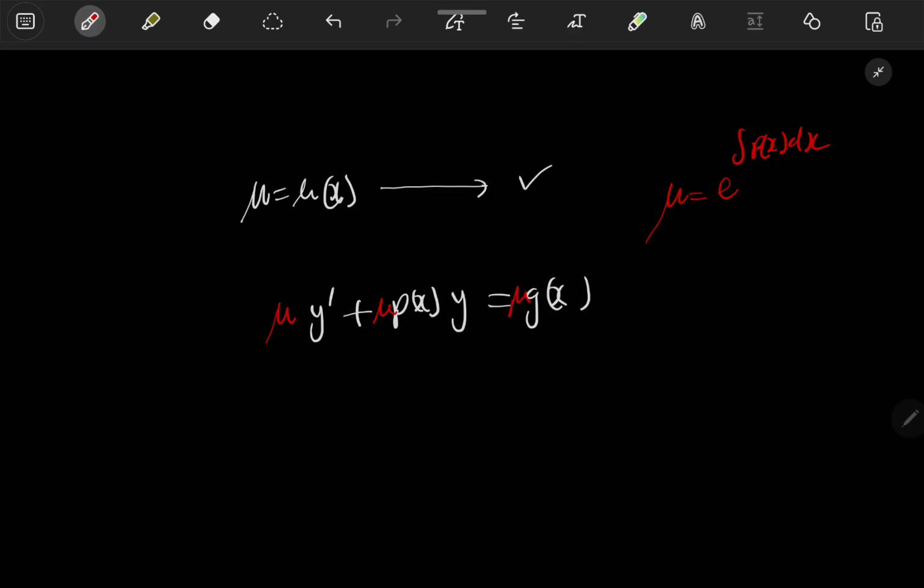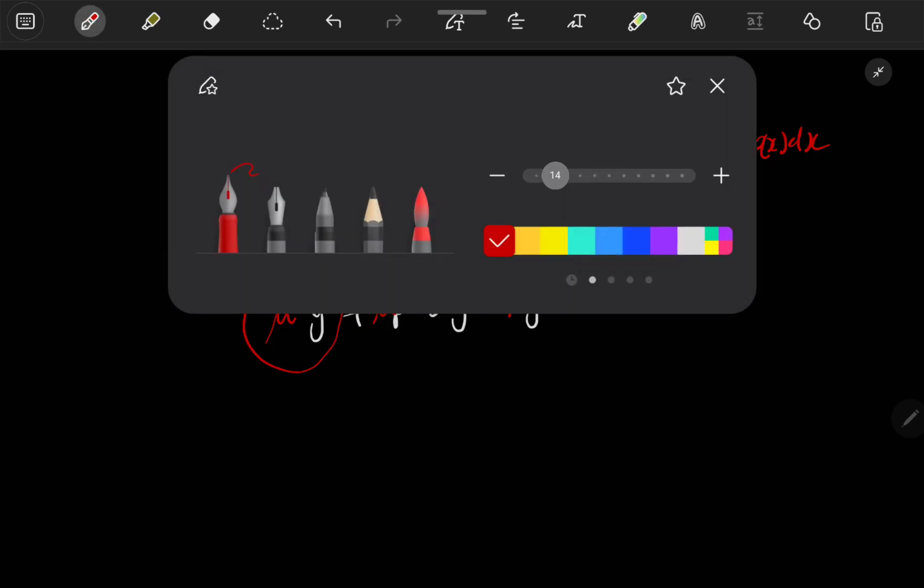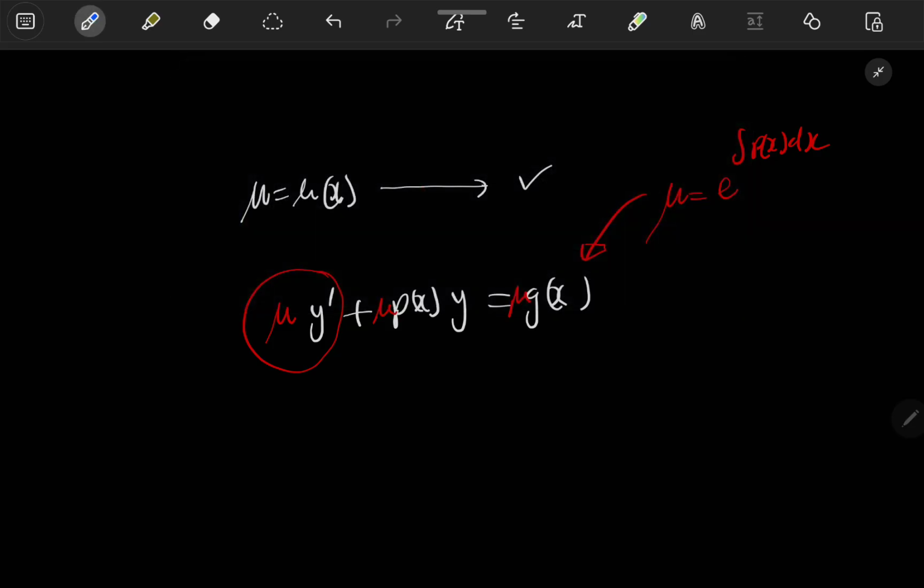Then we said if you get this mu, you multiply by it throughout. So this mu gets in everywhere, the mu that you get here. We said this looks like a chain rule. Let's try to actually write what the product rule will look like. Let me say I have mu and y, and I'm trying to differentiate in terms of x.